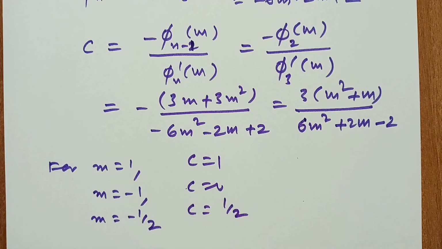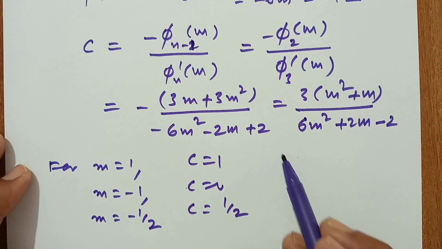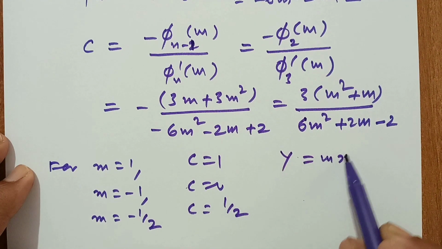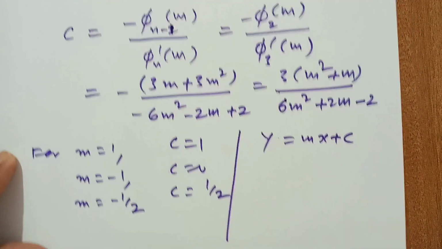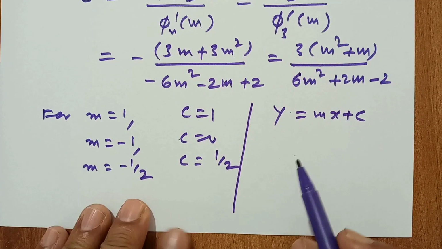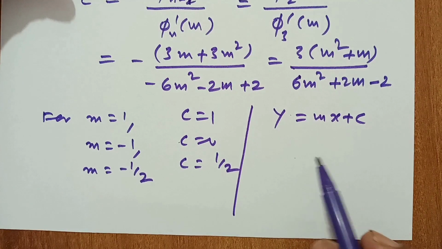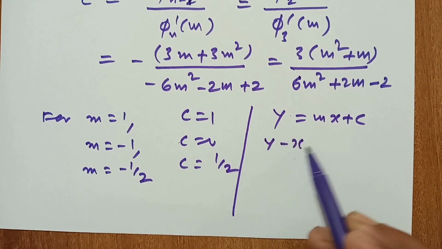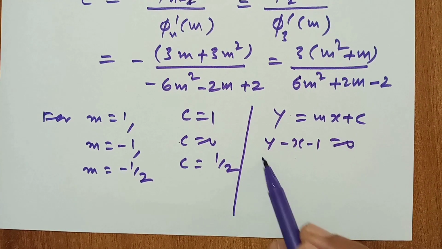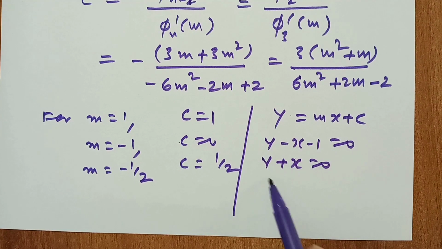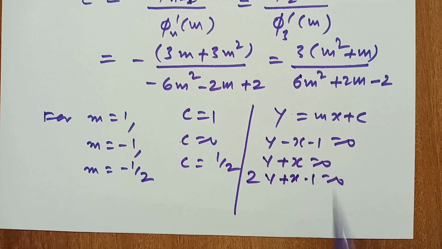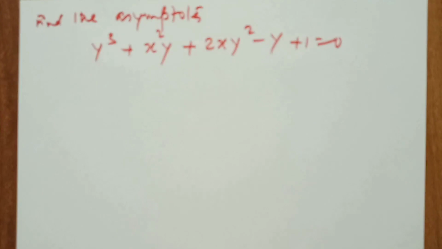Now substituting the values of m and c in y equal to mx plus c, these are the asymptotes. How many asymptotes? Three asymptotes. So y minus x minus 1 is equal to 0, y plus x is equal to 0, and y plus x minus 1 is equal to 0.